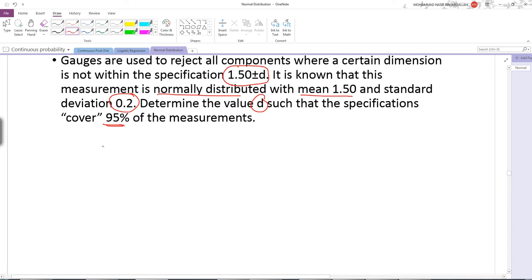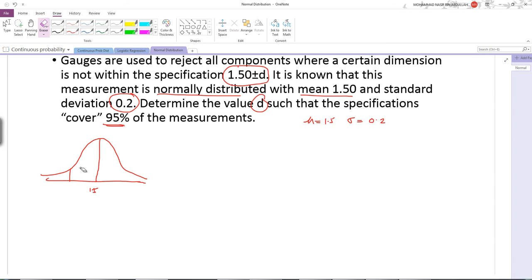So let's draw this one. We have mu equal to 1.5 and standard deviation 0.2. Let's draw the situation. So always draw the situation. This is 1.5. So 1.5 minus d, this is 1.5 plus d.